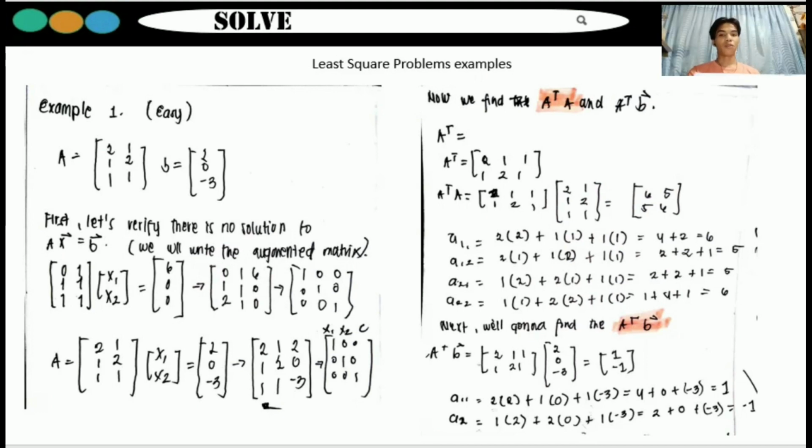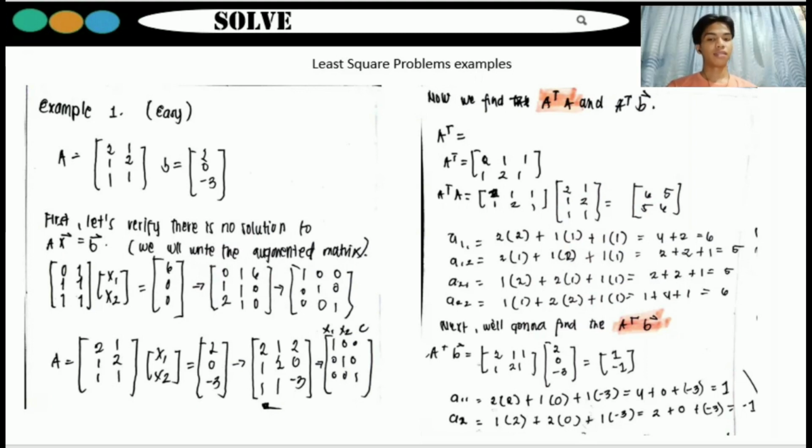And for row 2, column 1, 1 times 2 plus 2 times 1 plus 1 times 1, which equals 5. And for our last row and column, we have 1 times 1 plus 2 times 2 plus 1 times 1, which equals 6.